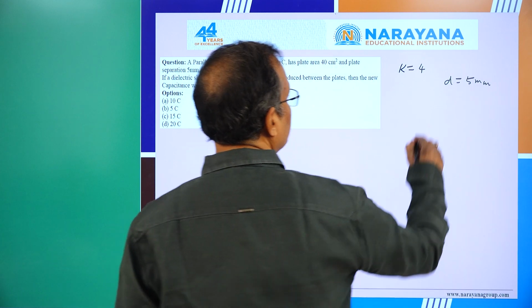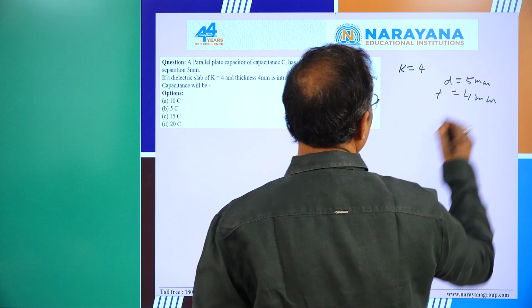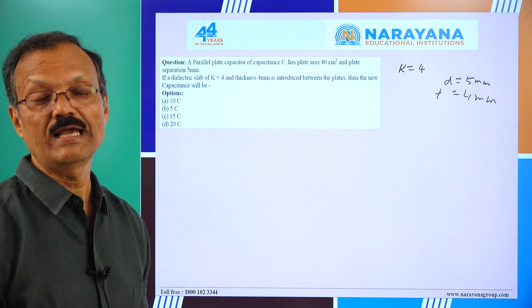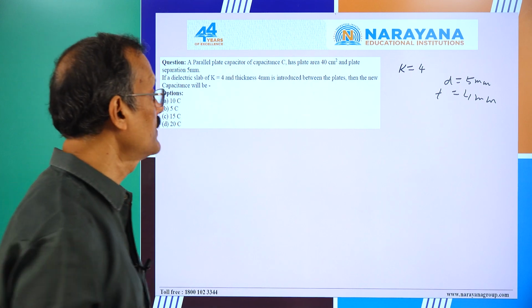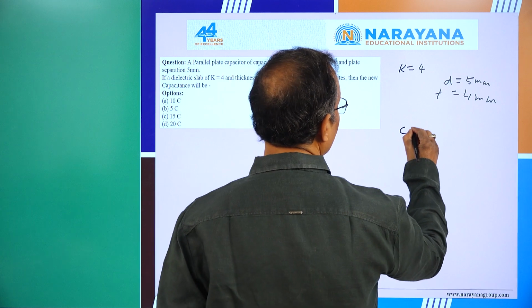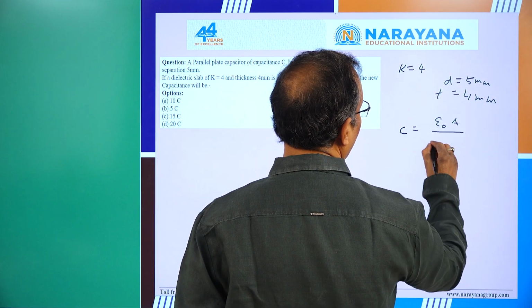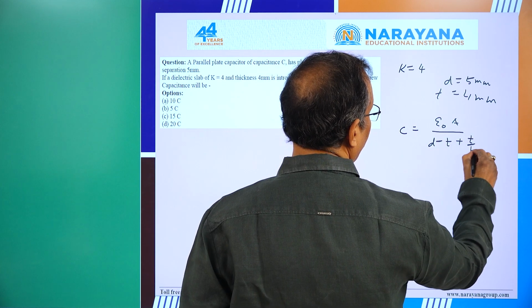And thickness, they have given you 4 millimeter. If you remember the formula epsilon naught A divided by D minus t plus t by K, directly you can get it. C will be equal to epsilon naught A by D minus t plus t by K.